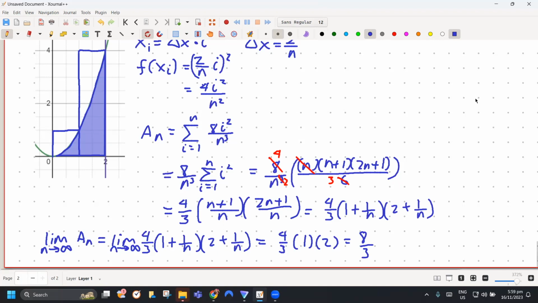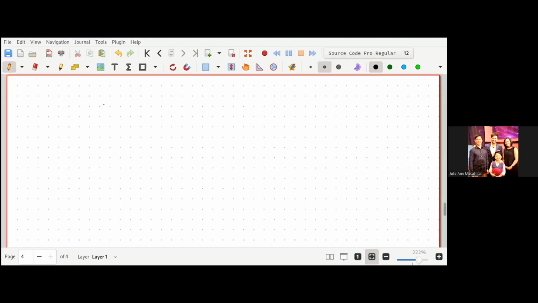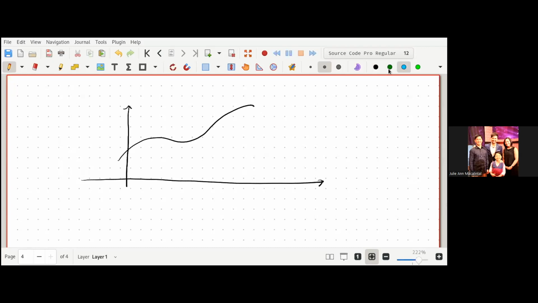Wala akong ibang term for this kundi gagamitin natin yung left side ng bawat interval. So let's say ito yung function natin. Tapos ganito yung graph. Hindi siya purely increasing. And then yung bounds ito, a to b. So gusto natin i-divide into n subintervals.